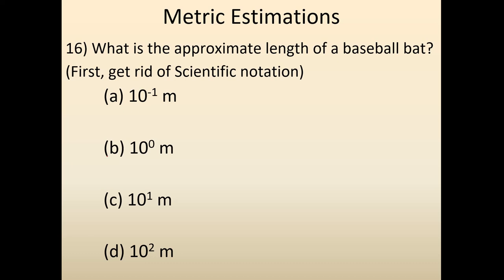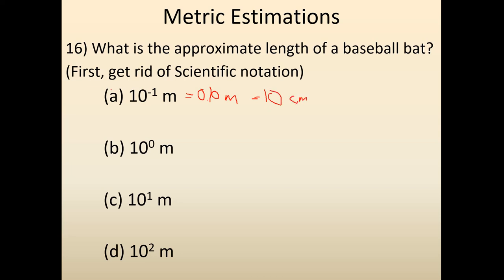Okay, so as I said, you want to get rid of this that's written in scientific notation. Now you have a calculator. I recommend using it because some people will end up getting these numbers mixed up. This number, 10 to the negative 1, is equal to 0.1 meters, or about 10 centimeters.